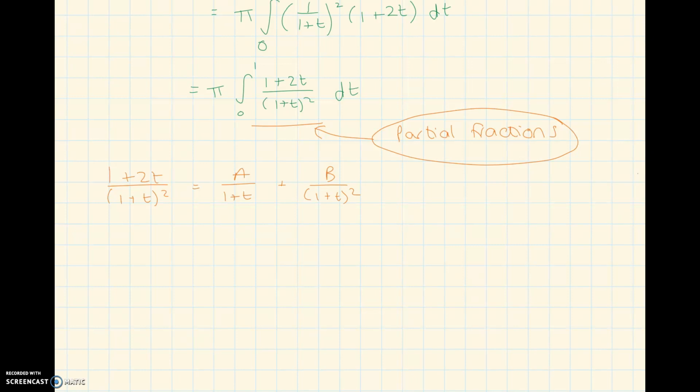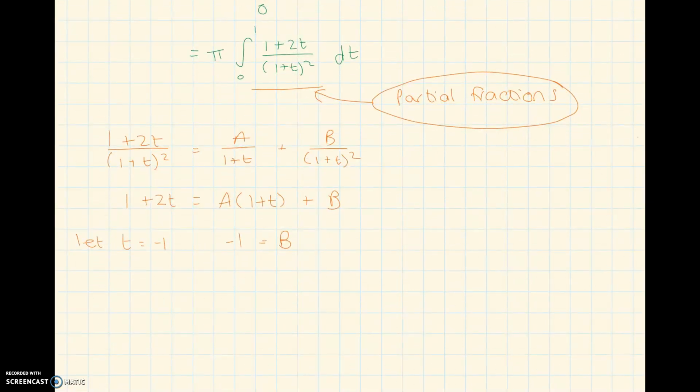And if we look at just the top line of that, we're going to get 1 plus 2t equals a times 1 plus t plus b. And if we let t equals minus 1, the left hand side would be minus 1. The a term would become 0, so minus 1 equals b.